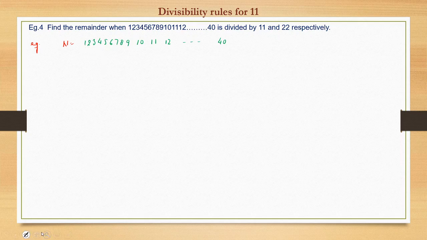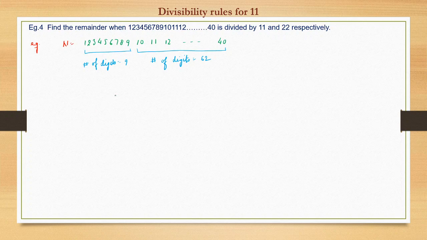We will break this into two parts, from 1 to 9 and from 10 to 40. Here the number of digits is 9, and for 10 to 40 there are 31 numbers, so 31 times 2 is 62 digits, right?